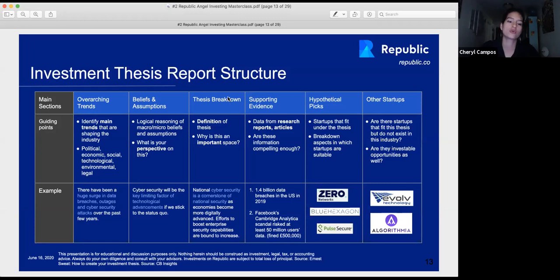If you want to identify main trends, they can be anywhere from political, economic, social, technological, legal, things that are important. Then afterwards, it's the beliefs and assumptions. So what is really your perspective on this? And then creating your thesis, which is the definition of your thesis and why is this an important space? Why should people focus on this now is really key. Supporting evidence, getting all of this data, is this information compelling enough?